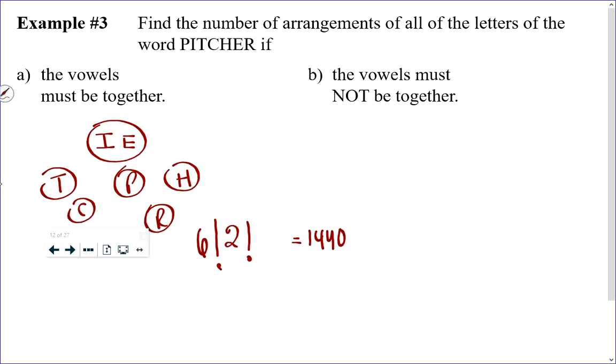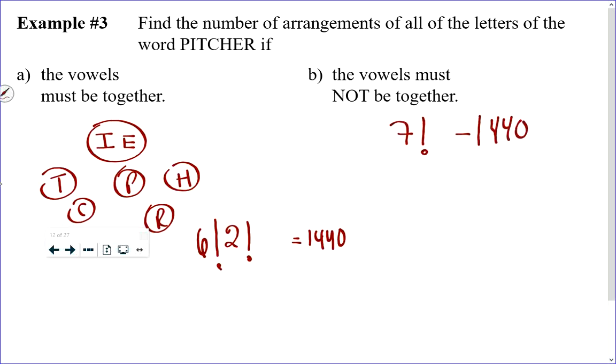Okay. Does anybody remember how we would do B? Take all of the letters, so I think that would be 7 factorial, and then minus the number of permutations where I and E are together. Perfect.